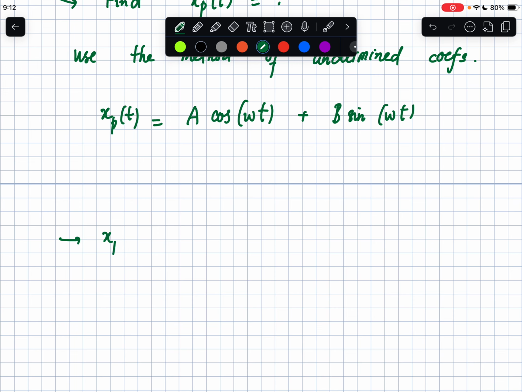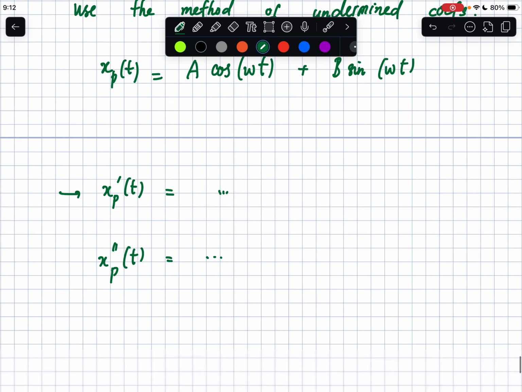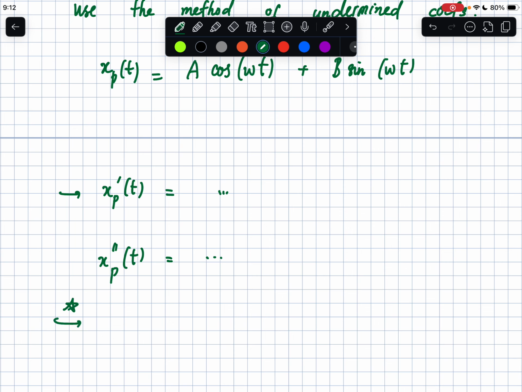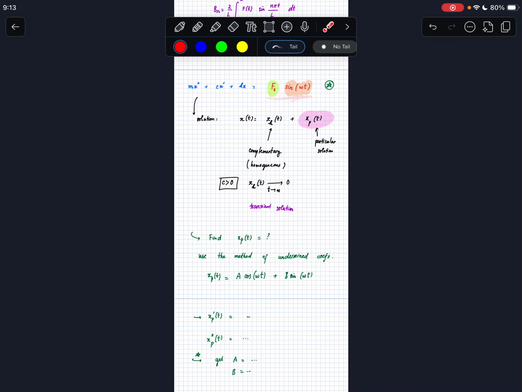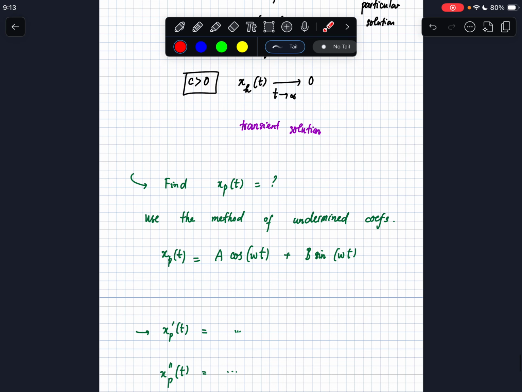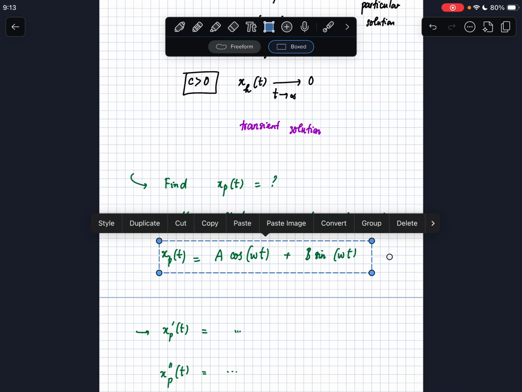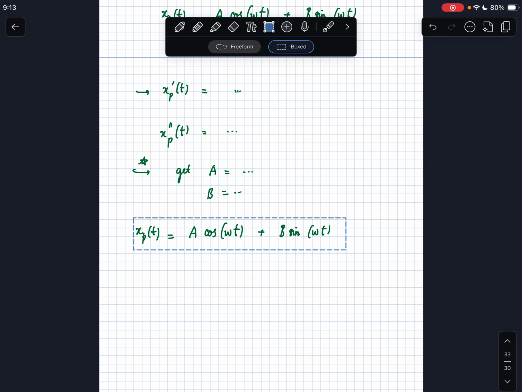You compute the derivative x_p'(t), compute x_p''(t), and plug into star, getting a equals something and b equals something. And now from that a and b, we rewrite this sum from a cosine and b sine into a form with only sine.